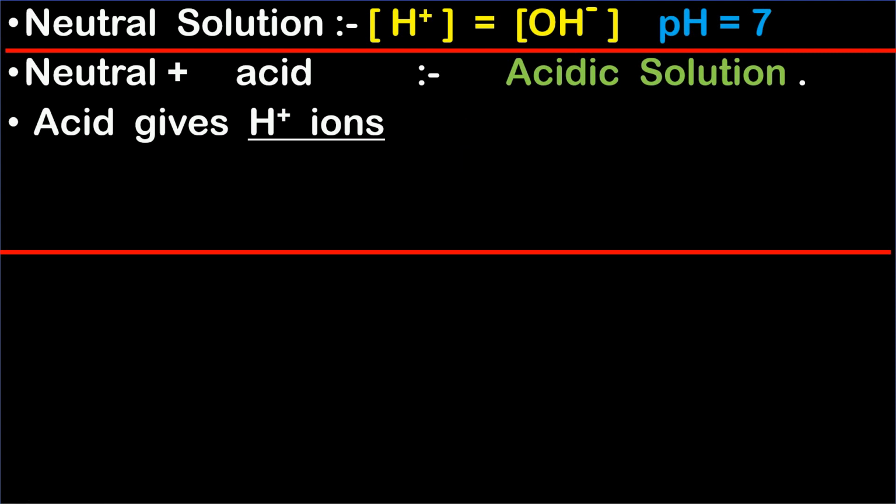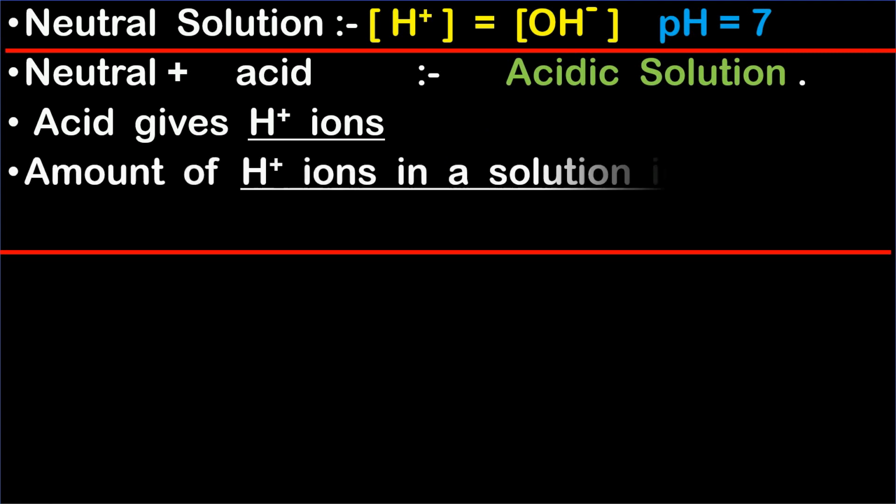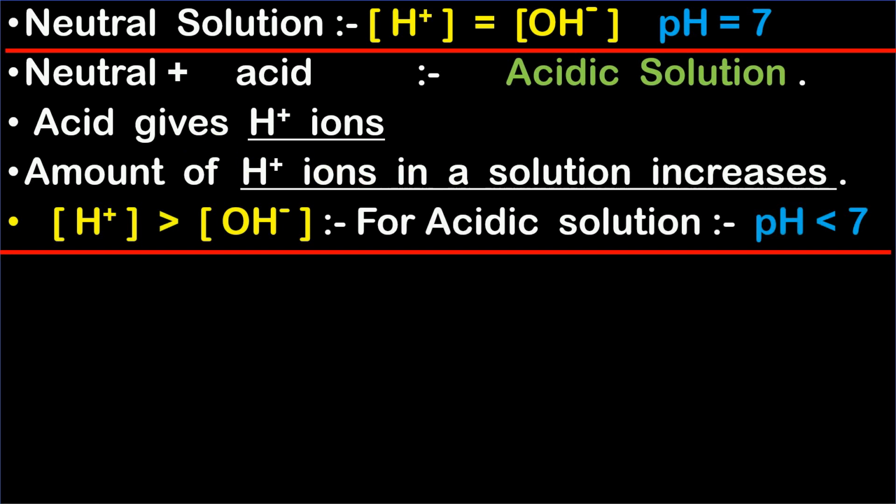Since the acid gives us extra H plus ions, the amount of H plus ions in the solution increases. As a result, the molar concentration of H plus ions becomes greater than the molar concentration of OH minus ions. This is the condition required for an acidic solution. And as we all know, for an acidic solution, the value of pH will always be less than 7.